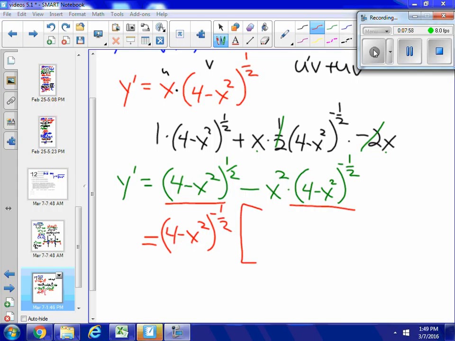And that's going to be times, well, if this term right here is to the +1/2, that's just going to be 4 minus x squared, minus, well, I took out the (4 minus x squared) to the -1/2, so this is going to be just times minus x squared.